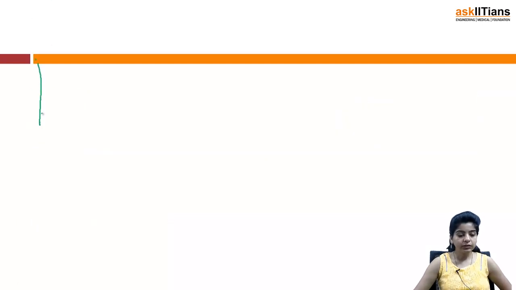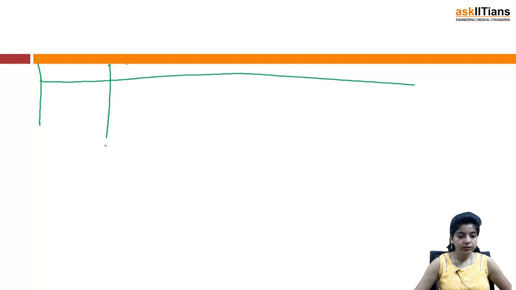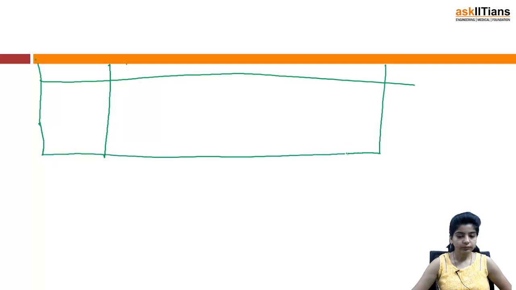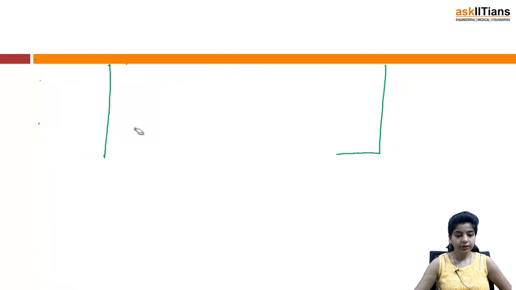So we have the information given to us in this form. So we just try to form a table, right?